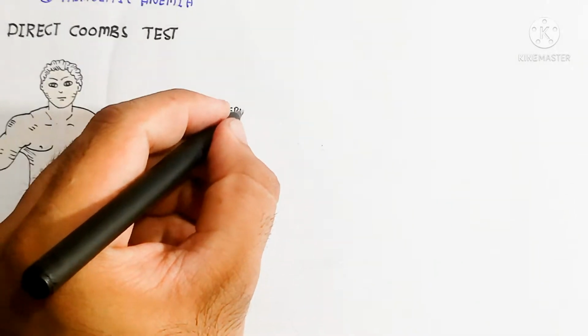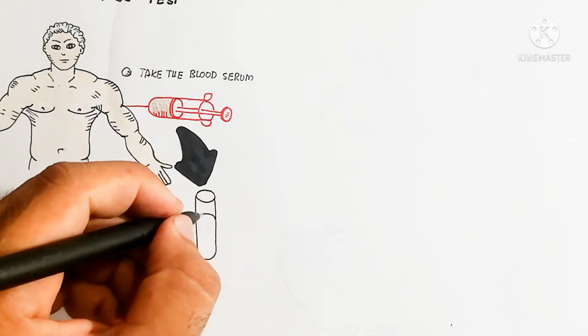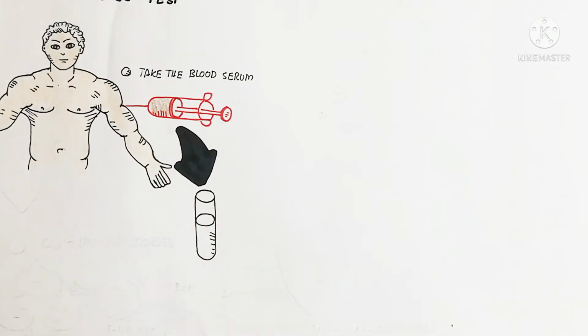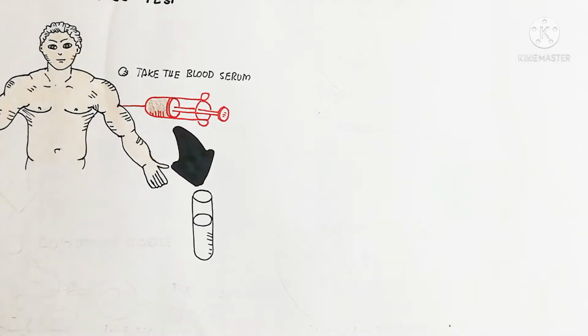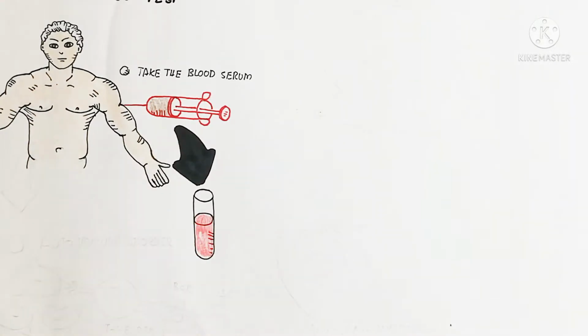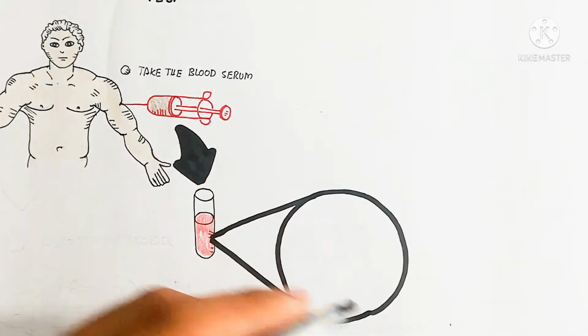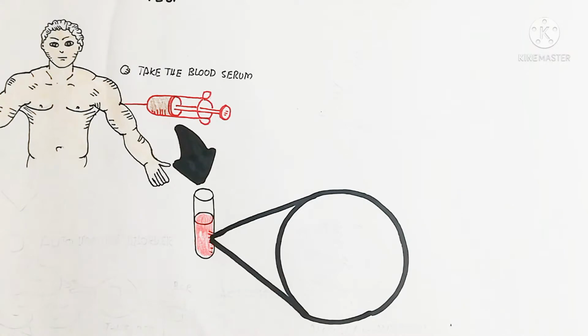So here we will take the blood sample, and this blood sample contains antibody-antigen complexes which are present on the red blood cell. What that means is that the red blood cell contains a carbohydrate antigen, a polysaccharide, which is attached with the antibodies.